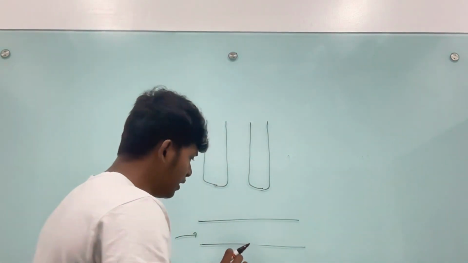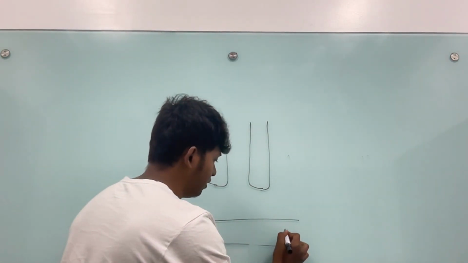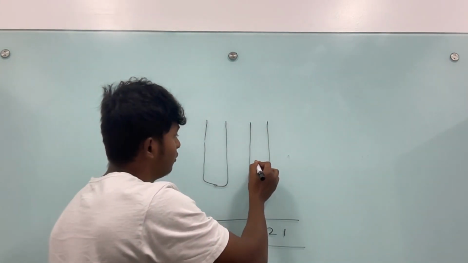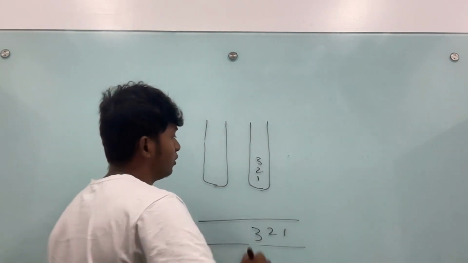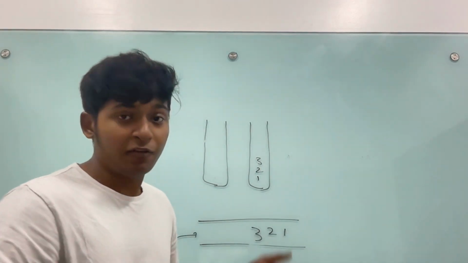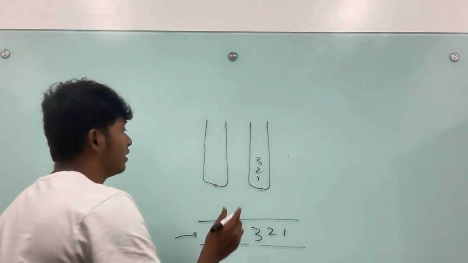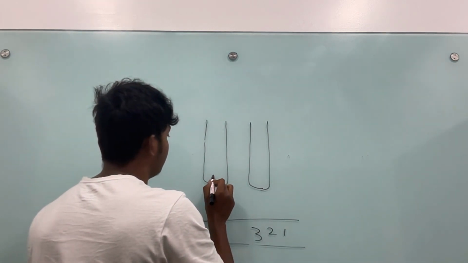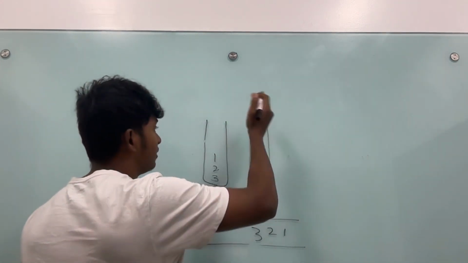One thing you might have noticed is that when I push 1, 2, 3 slowly, I get 1, 2, 3 here, and then while popping, when I bring them to this stack, they become 3, 2, 1, because I'm popping them.